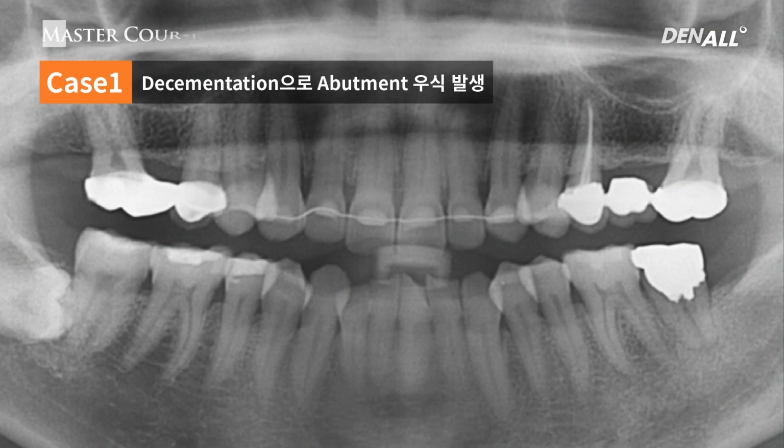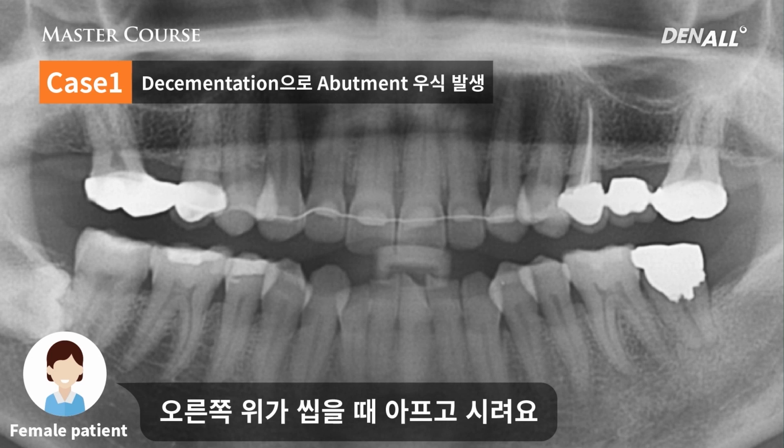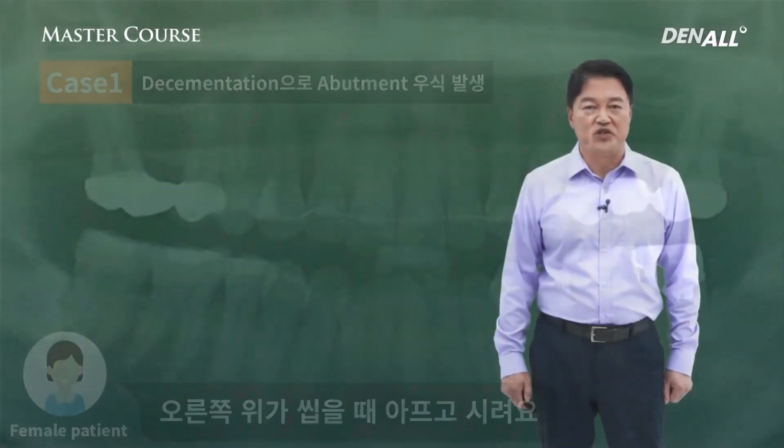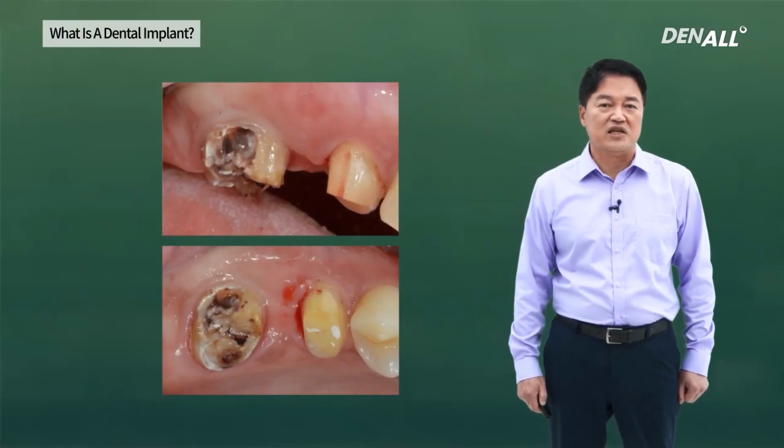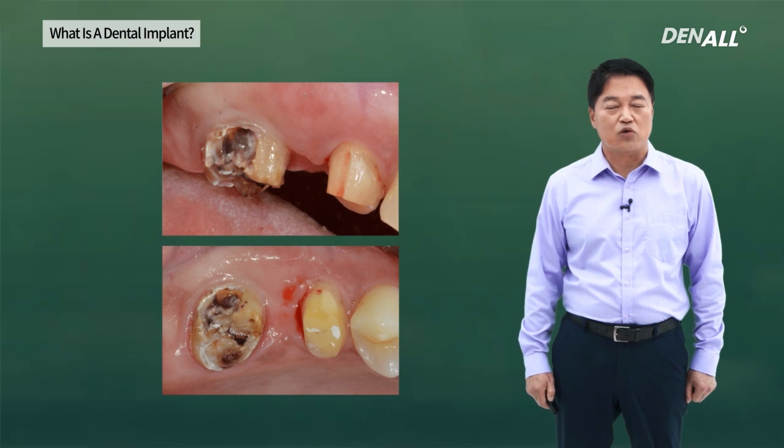Let's look at the first case. In this patient, number 16 was missing and a 3-unit bridge was done. One day, the chief complaint was that in the upper right side, the patient experienced discomfort and pain due to decementation in the abutment. Caries occurred, and as you can see, caries progressed with time.